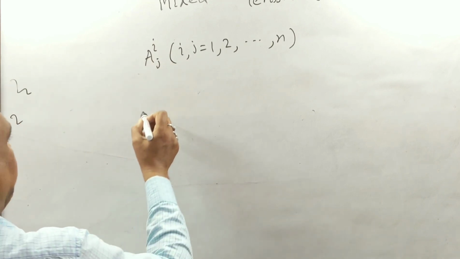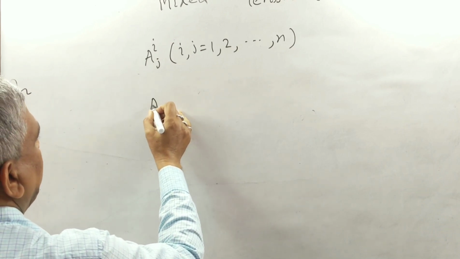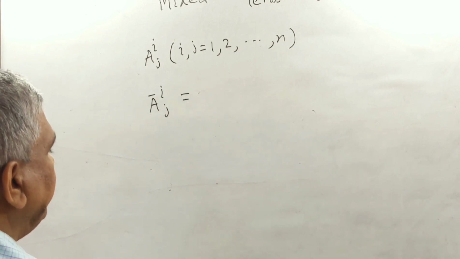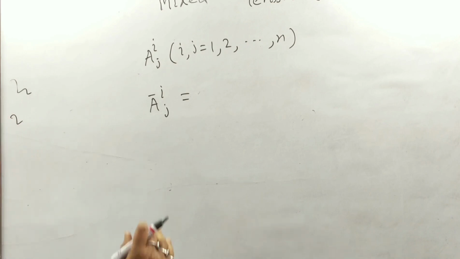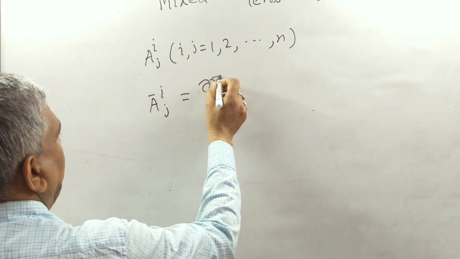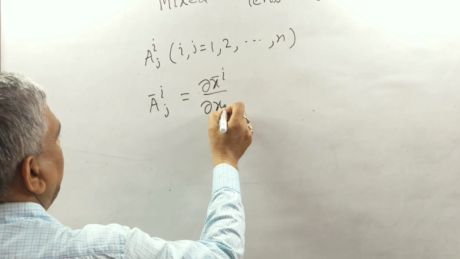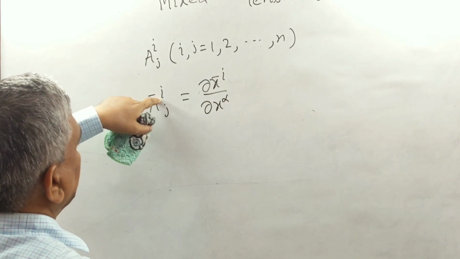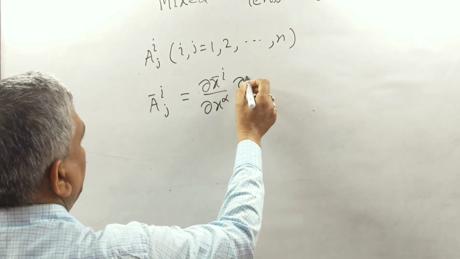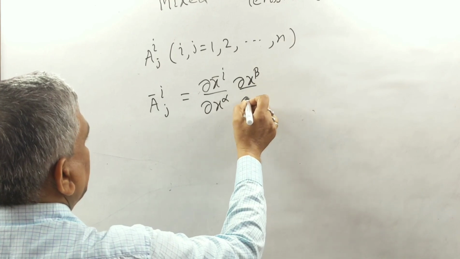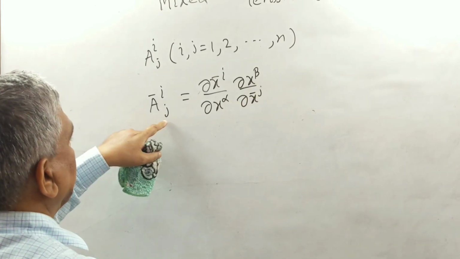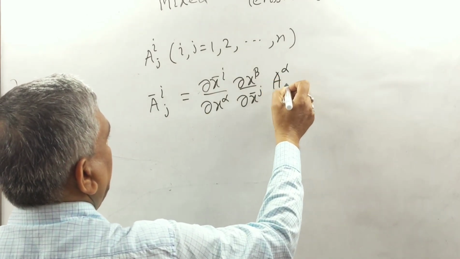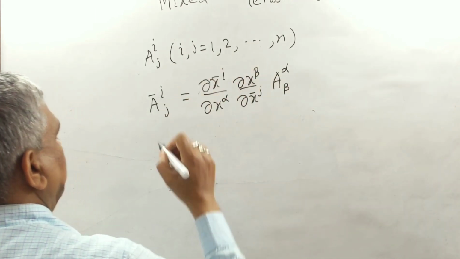Its corresponding quantity in x bar system of coordinates is a bar ij, and we may write the tensor law of transformation as del x bar i by del x alpha, i at the upper position, and then del x beta by del x bar j, j at the lower position, and a alpha beta.